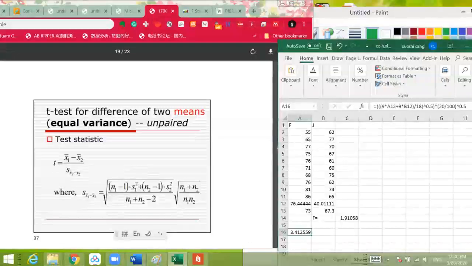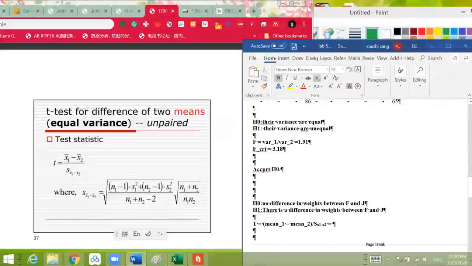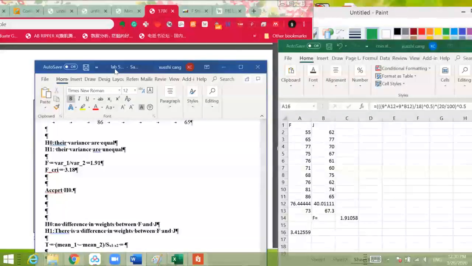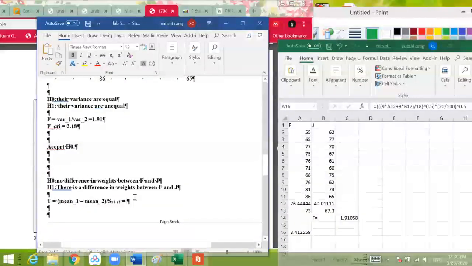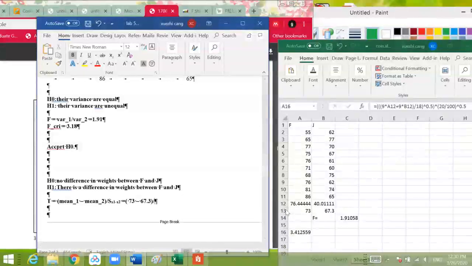So we can open our Word and write the equation here. Let's leave some blank for the Excel. The average of the first group minus the average of the second group, then divided by the standard deviation of x1 minus x2, which we just calculated, is 3.41.